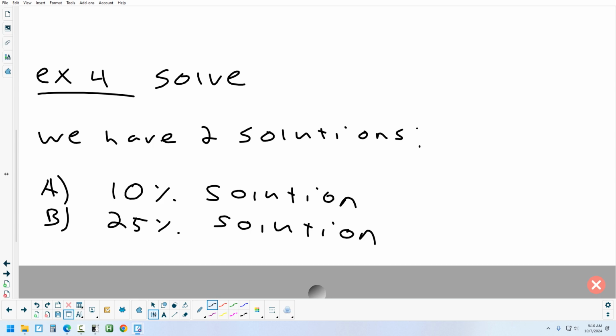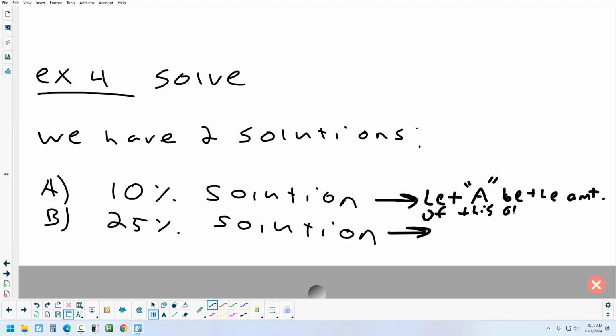I'm going to call them solutions A and B. Because they're called solutions A and B, they naturally already have variables, so I'm going to use those as the variables in my problem, A and B. Let A be the amount of the first solution, and let the letter B be the amount of the second solution.